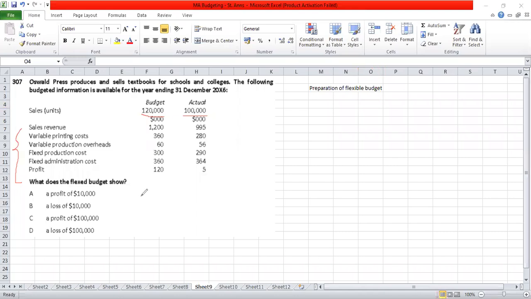One cost is called variable cost, another is fixed cost, another is semi-variable cost. Variable cost is a cost that varies proportionately, while fixed cost is a cost which remains fixed no matter what the activity level, until the maximum capacity level. Fixed cost remains fixed, variable cost varies proportionately.